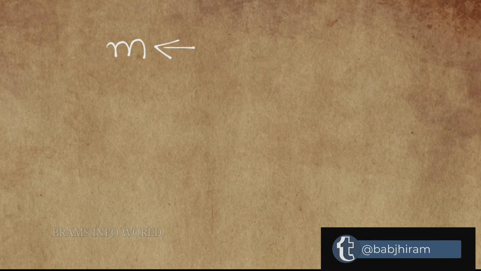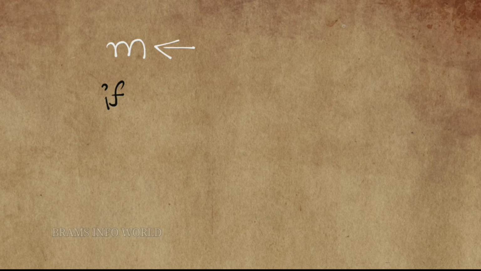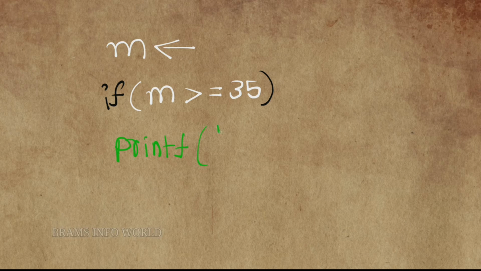We are taking an input value like marks. So reading an input value like marks, if marks is greater than 35, then we write printf in double quotations pass.